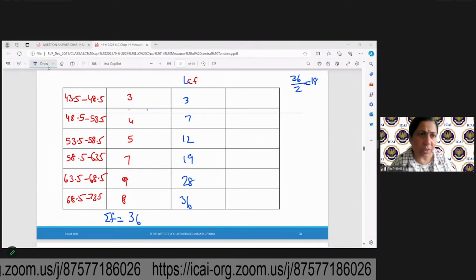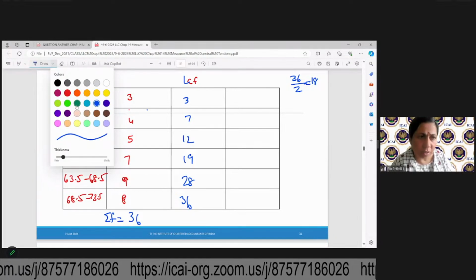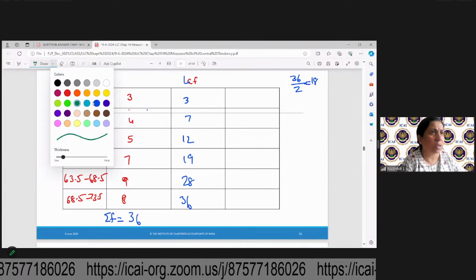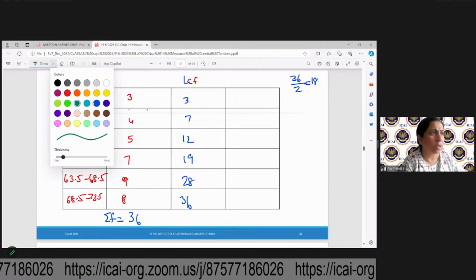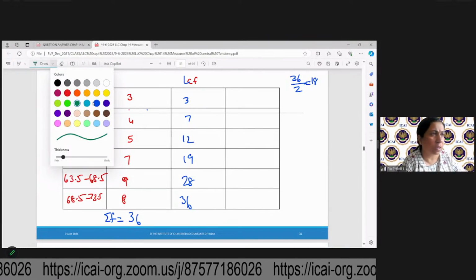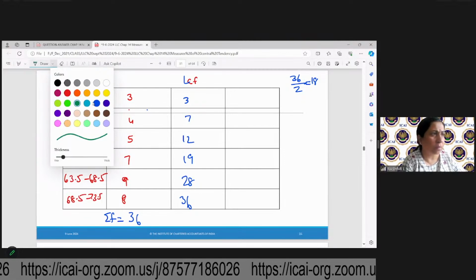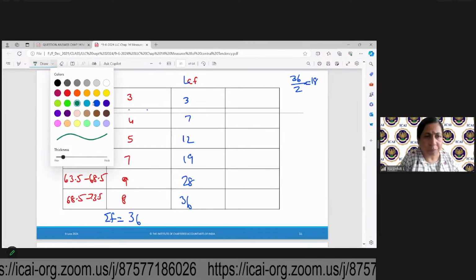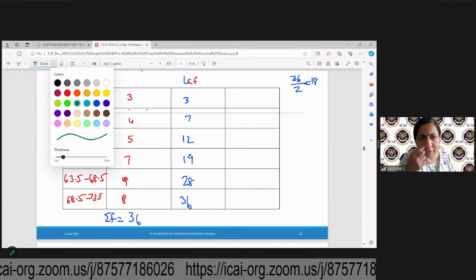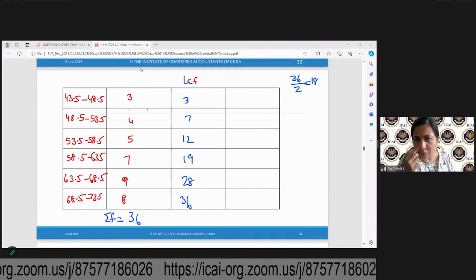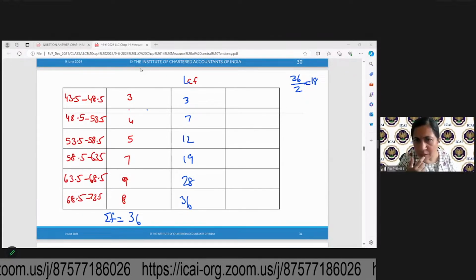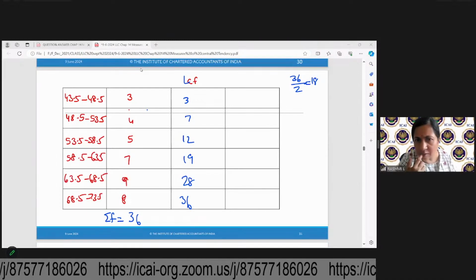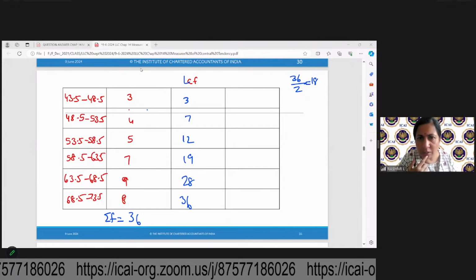Okay, which class interval should I choose? 58.5 to 63.5, Reshma is saying this. Yes, we are choosing the class interval.